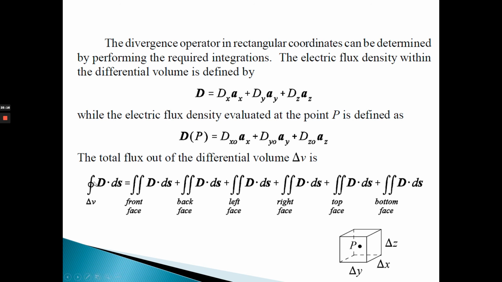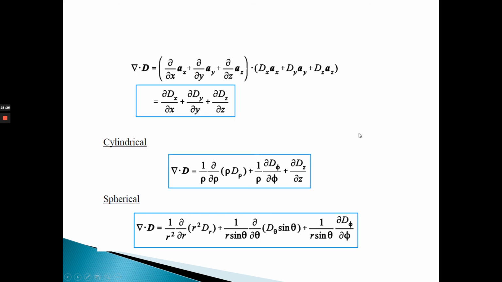Means the volume integration of the divergence is equal to the enclosed surface integration of that cube, which is actually the divergence theorem. I just put this here for you to understand that the del operator is the same operator as we have used before, like for V, M, E or F, just the same.